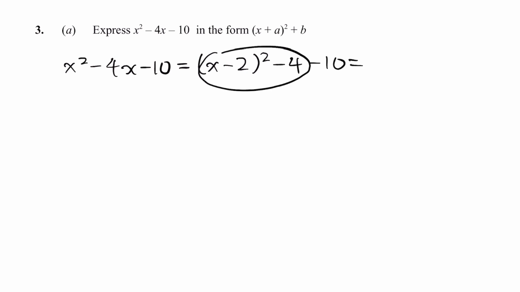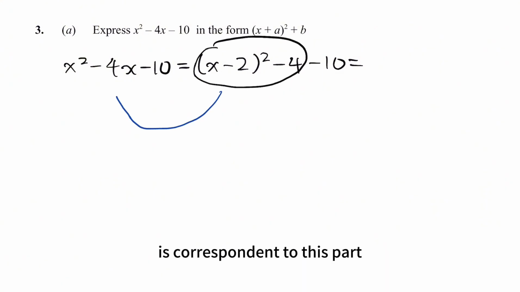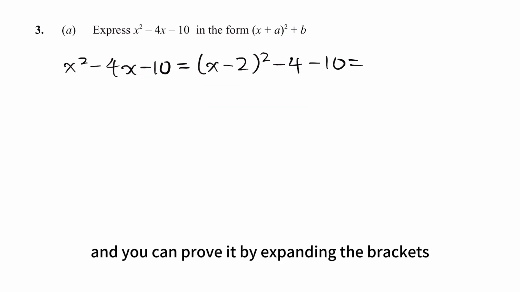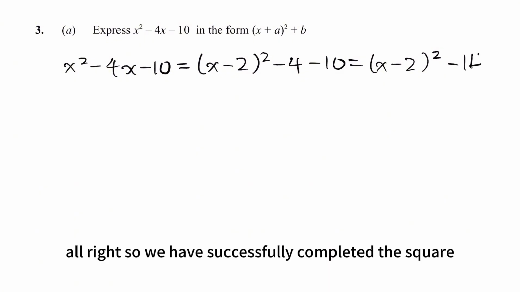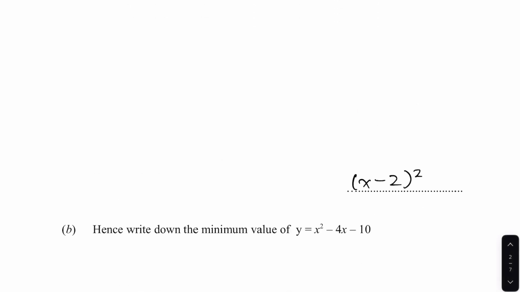Just in case, this part corresponds to this part, and you can prove it by expanding the brackets. So this is equal to this. All right, so we have successfully completed the square, and the answer is x minus 2 squared minus 14.